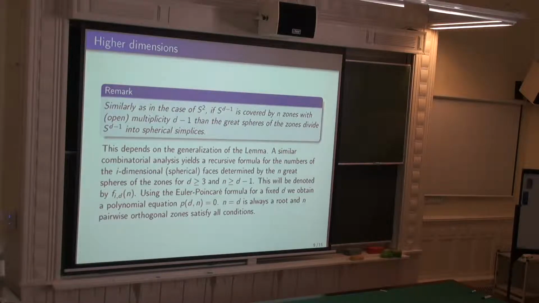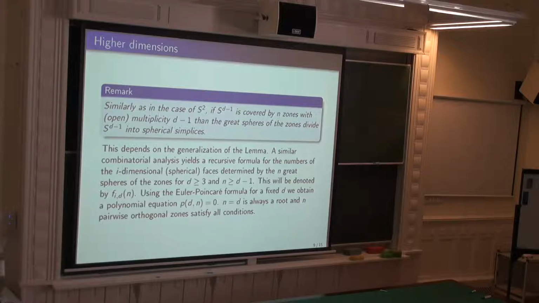And we remark that, as in the case of this 3-dimensional sphere, this can be generalized to d dimensions, as I noted earlier, with the multiplicity d minus 1, and the great spheres of the zones divide the sphere into spherical simplices. A similar combinatorial analysis as on the previous slide can be carried out in this case as well.